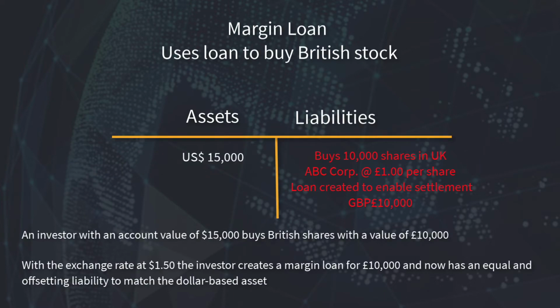Margin loan. When the investor buys 10,000 shares, Credit Manager creates a £10,000 margin loan secured against the dollar collateral in the investor's account. No matter what happens, the investor has to repay that loan after the shares are sold. If the share price falls, there will be a shortfall. If the share price rises, there will be a surplus in the British pound account.